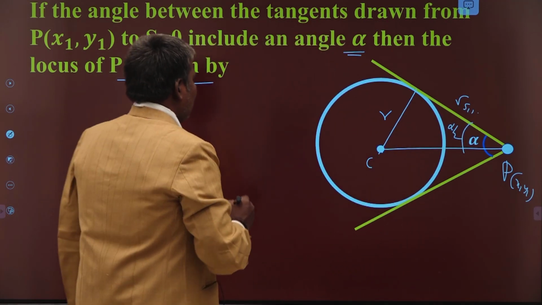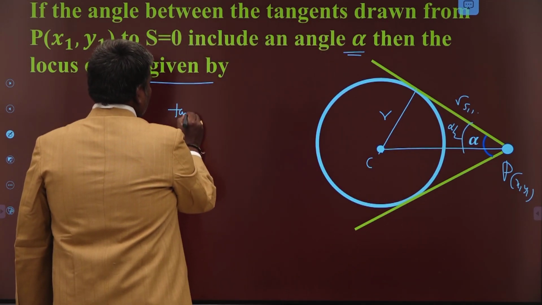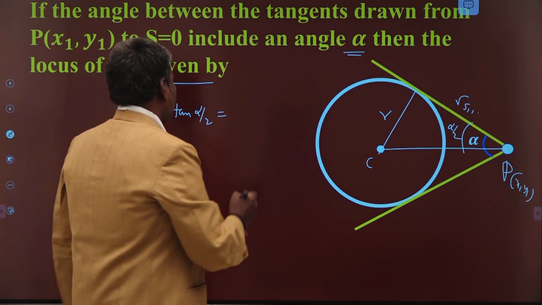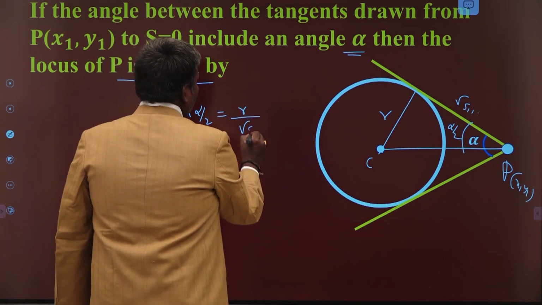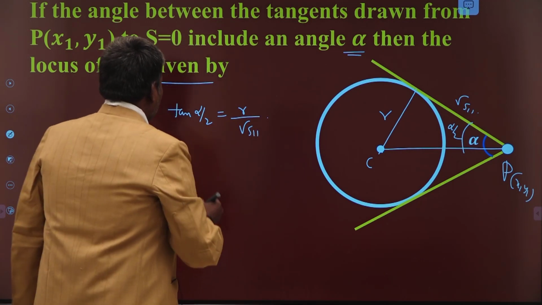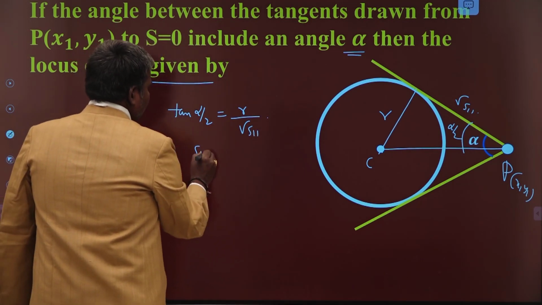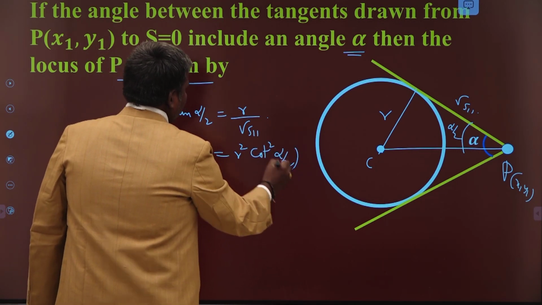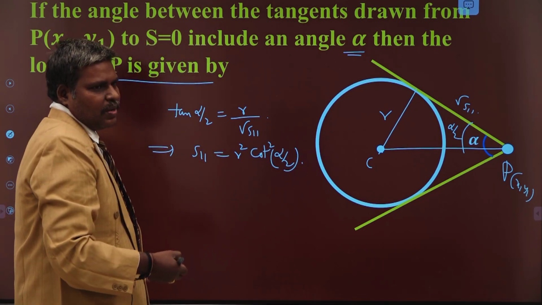We know that tan alpha by 2 is a familiar formula. Tan alpha by 2 or tan theta by 2 equal to r by root s11. The game is over. This implies s11 is equal to r square cot square alpha by 2. This is the condition for x1 comma y1.